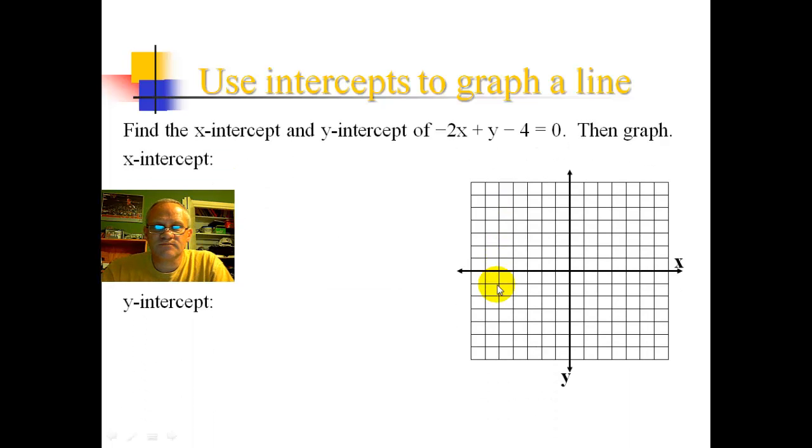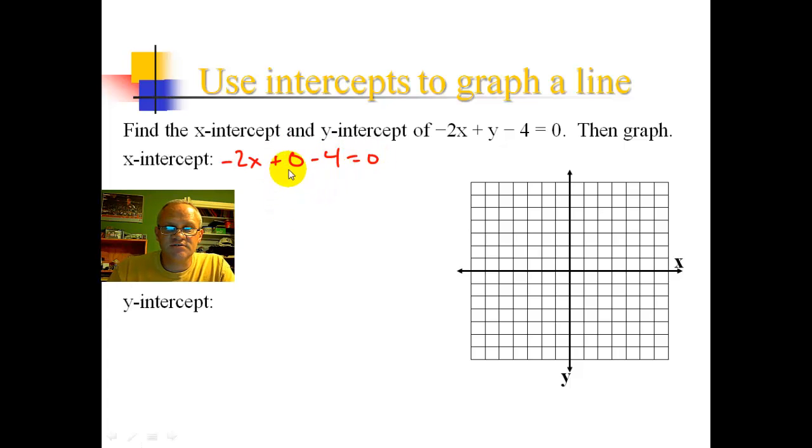Here's an equation. We're going to graph this using the x and y intercepts. So first of all, that means at the x-intercept, I know that y will be 0. So I've got negative 2x plus 0, that's y, we know y is going to be 0, minus 4 equals 0.